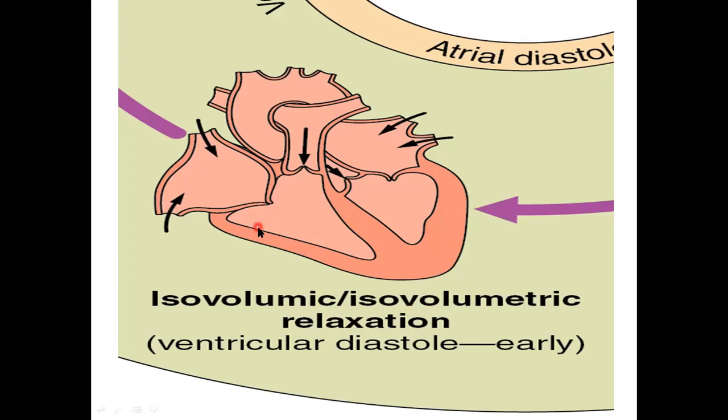What happens thereafter? The rapid filling phase is a period during which the ventricles are filled very rapidly. The pressure in the ventricles at this stage is less than in the atria, so the AV valves open and blood rushes into the ventricles.